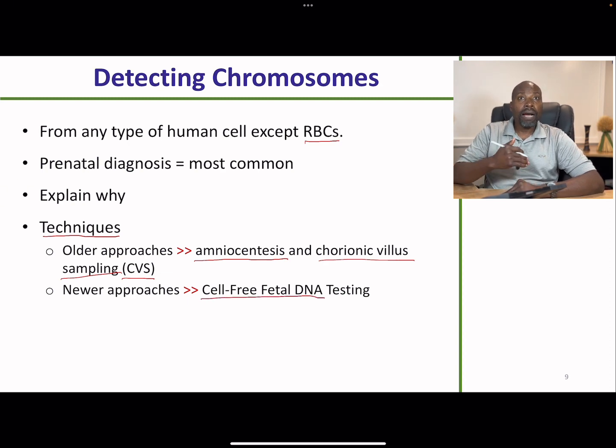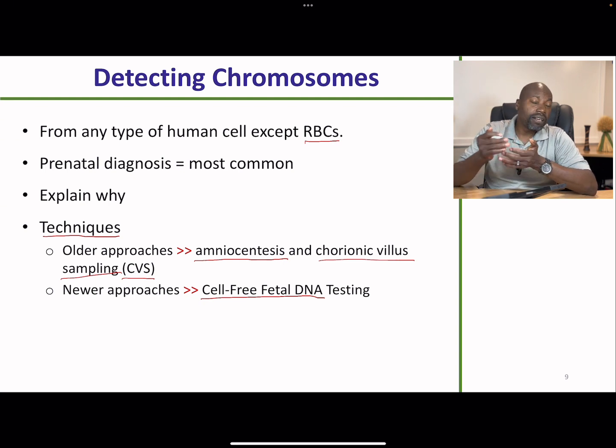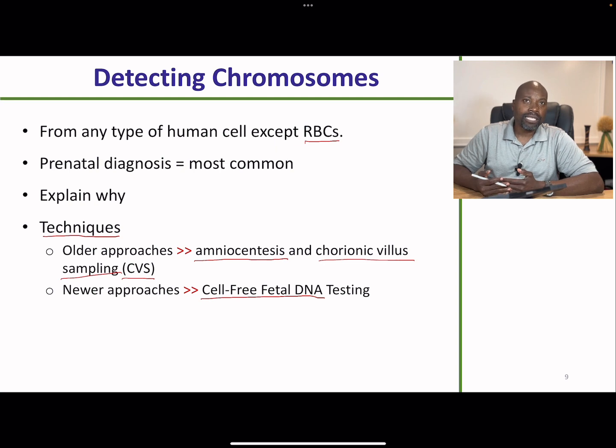Now, the older approaches are not ideal because they carry risks of miscarriage, right? They do carry risk of miscarriage. From that perspective, it's not the best way to go as we consider the technology that we have today, obviously. So that's one.